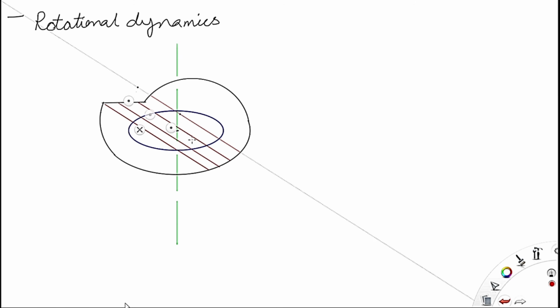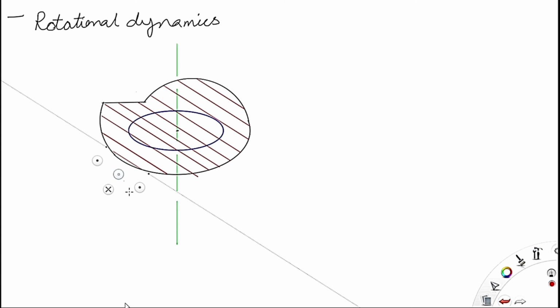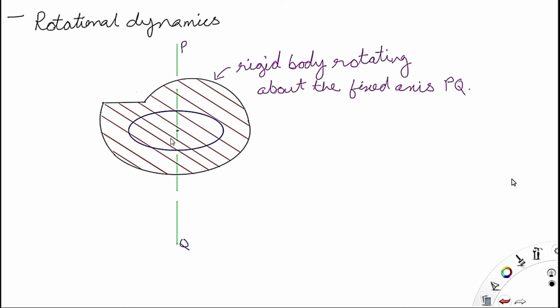So once again we will revise it. PQ is the axis of rotation about which this body is rotating.